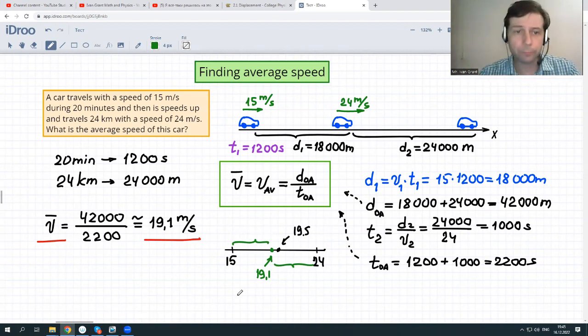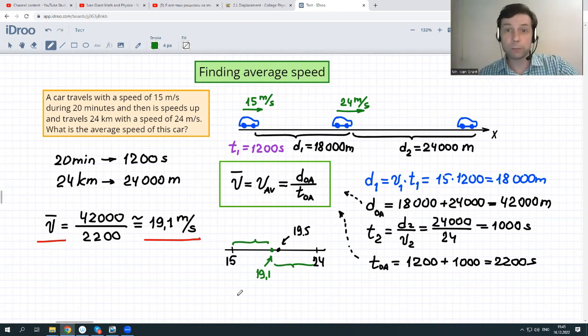Generally speaking, in many cases, when two distances are equal and the speeds differ, or in the case of the longer distance traveled with a slower speed, usually the average speed gets closer to the slowest one, okay? In case the slow speed interval is small, then it might be closer to the greater one.